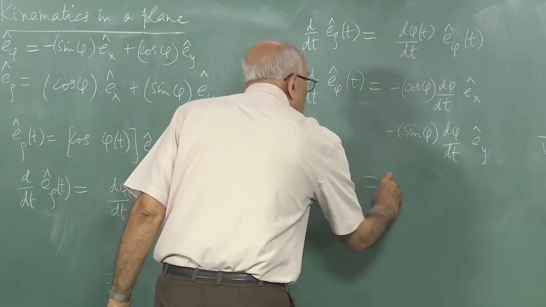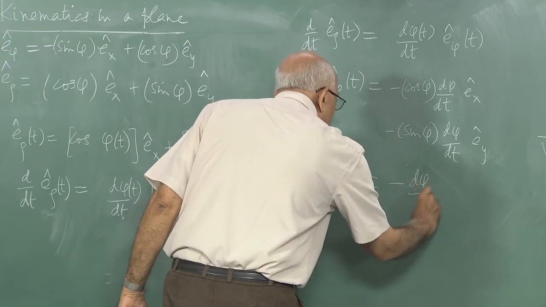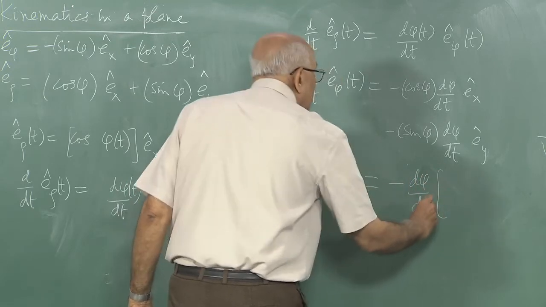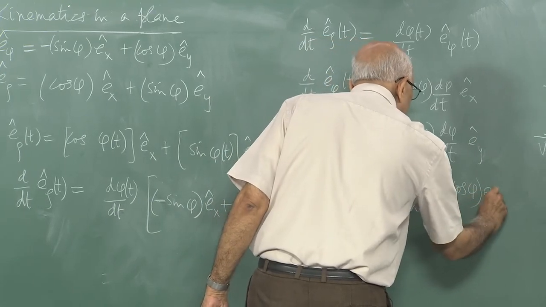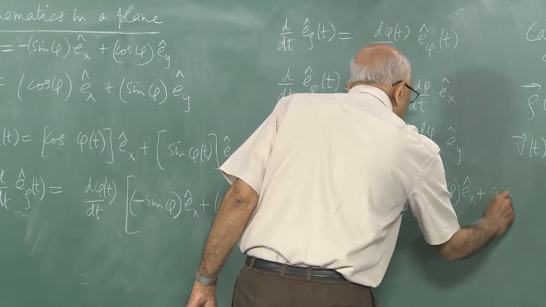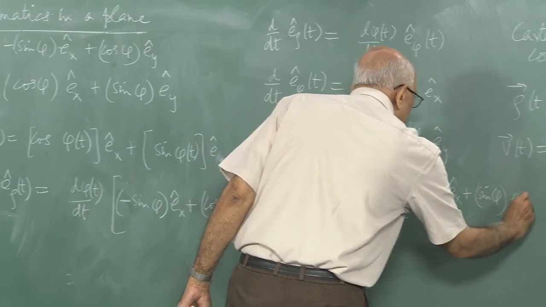But that is equal to a minus sign outside, d phi over dt outside, and then inside the bracket you have cos phi times Ex plus sine phi times Ey.